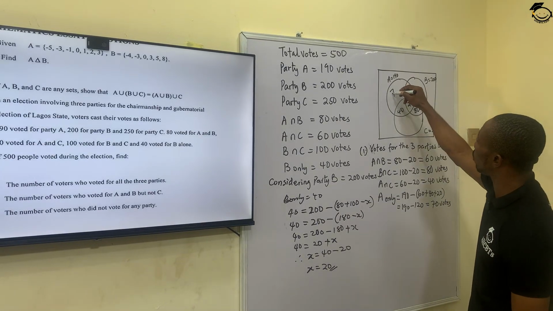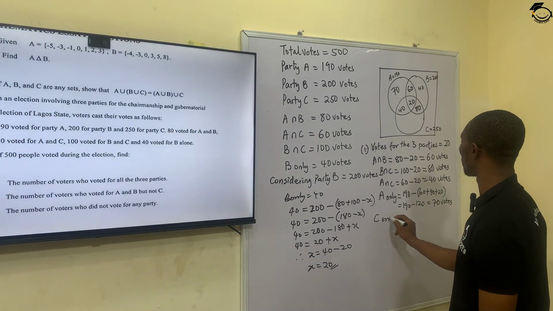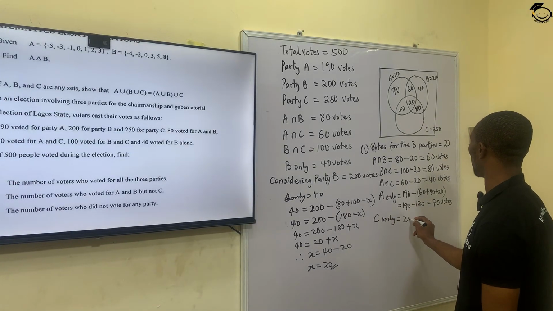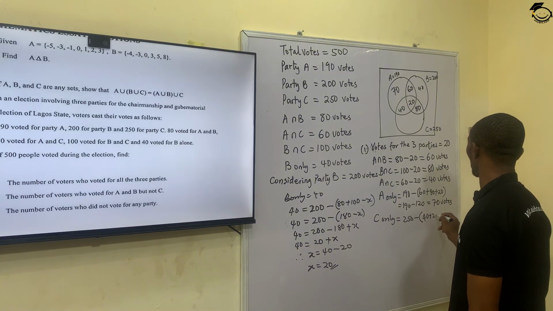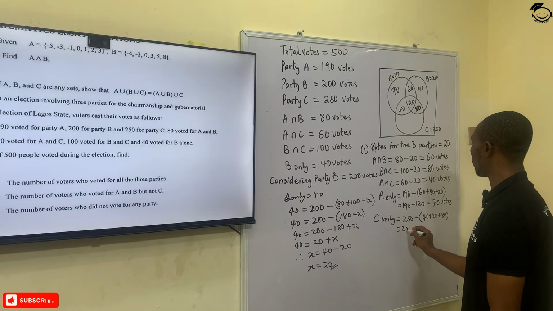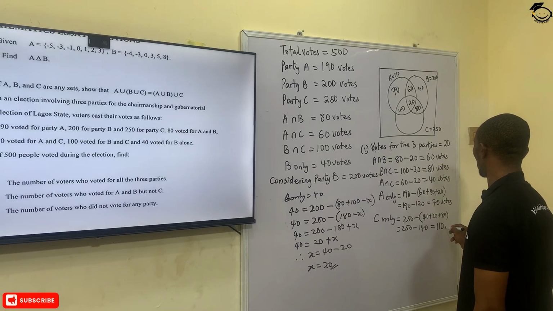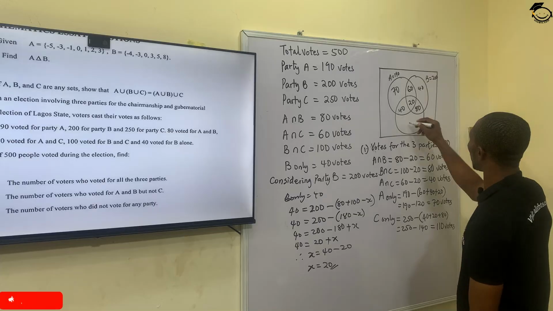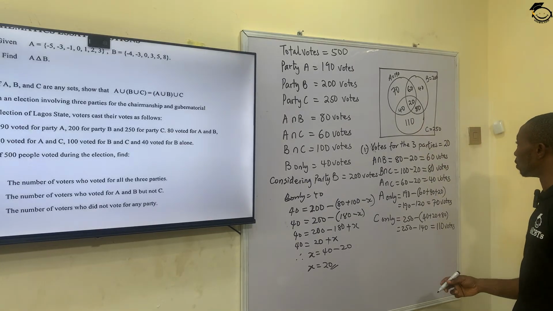So for A only, we have 70 votes. And for C only, we have 250 minus, 40 plus 20 plus 80. Okay, this gives us 250 minus 140, which leaves us with 110 votes. So we have 110 votes for C only.